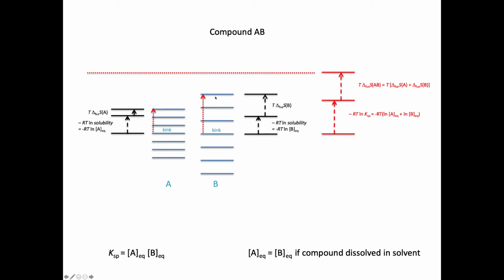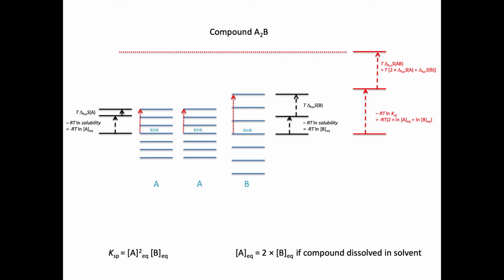So in this particular case, if you add the two red dotted lines here together, you should get the difference between this equilibrium state in solution here and this top energy level over here.